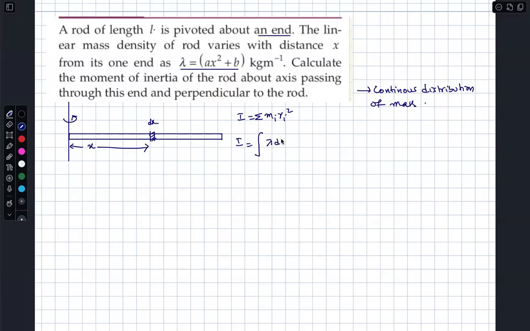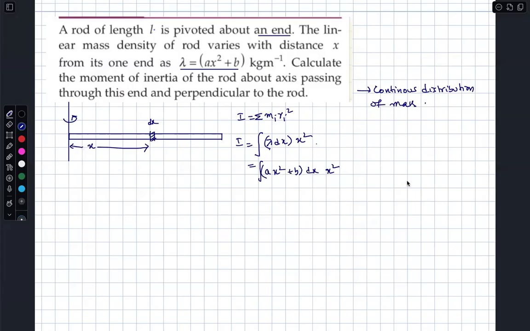This is lambda dx, m x square, which is nothing but (ax square plus b) dx times x square.